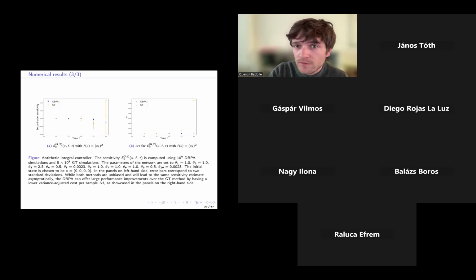This difference is 2 orders of magnitude, and I'll refer you to the manuscript for more illustration of this gap. And so the takeaway is that despite this increased cost per sample of the DBPA, you get variance reduction, which translates into improved performance, even if you take into account the computational time.